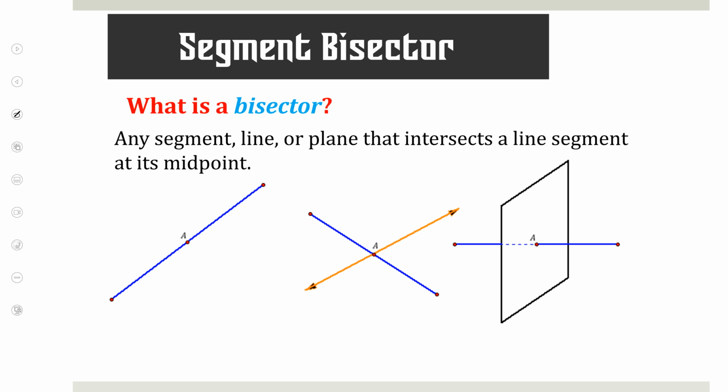Okay, so A would be the midpoint of that bisector. In the middle picture, I bisected that segment with a line. I'm using the line to slice the segment in half. And then in the third picture on the right, I bisected the segment with an entire plane. They all do the same thing. They chop that segment in half. So it combines the idea of a midpoint with slicing into two equal parts.